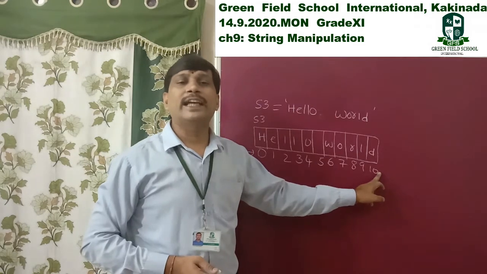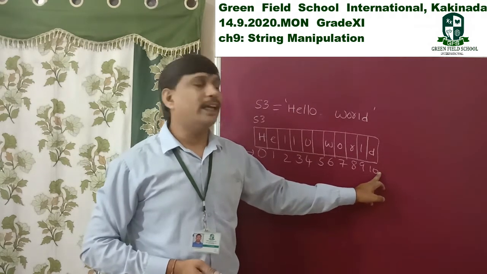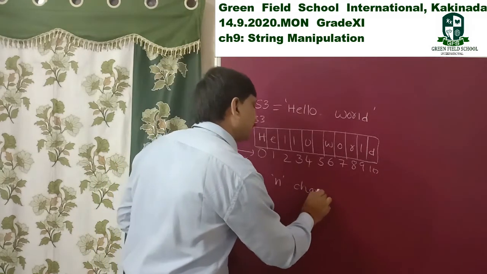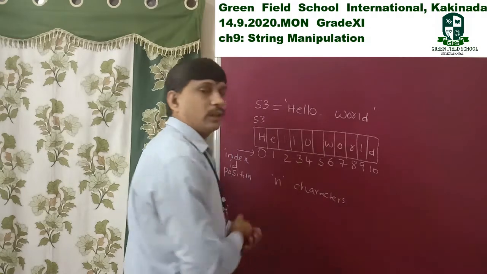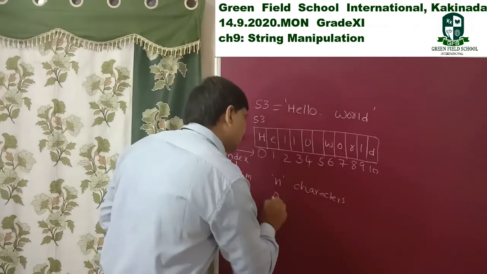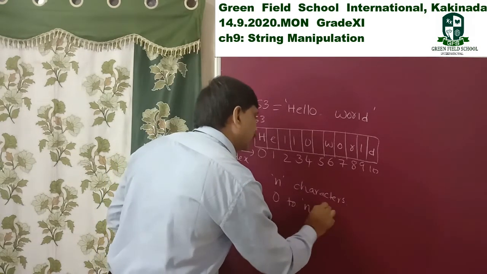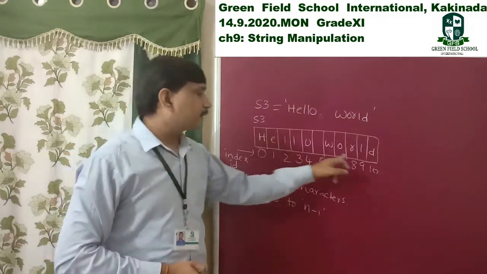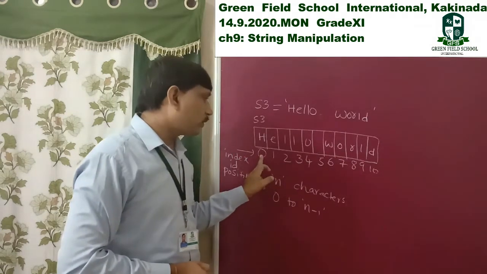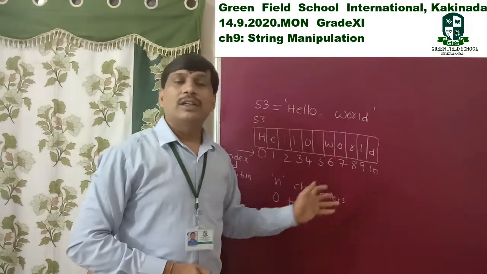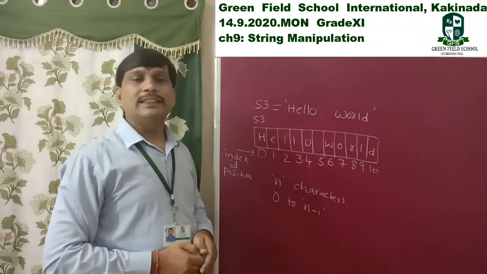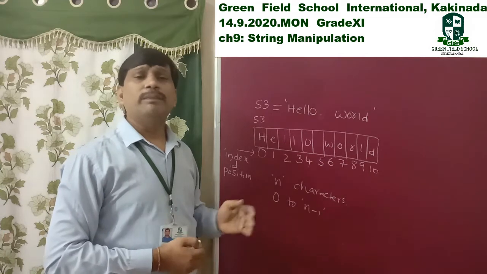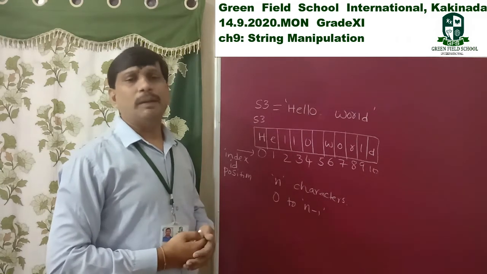Here there are 11 characters, so if there are n characters, it goes from 0 to n minus 1. Understood my point? So total 11 characters, starting with 0 to 10. Counting all this, it returns a total of 11 characters. In this way we represent strings in memory.